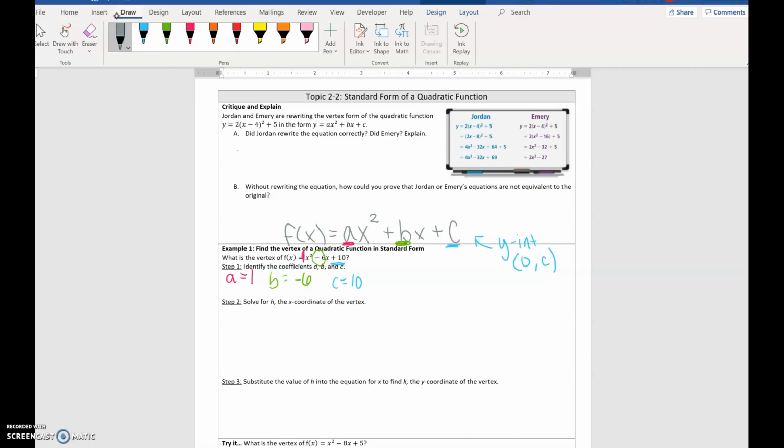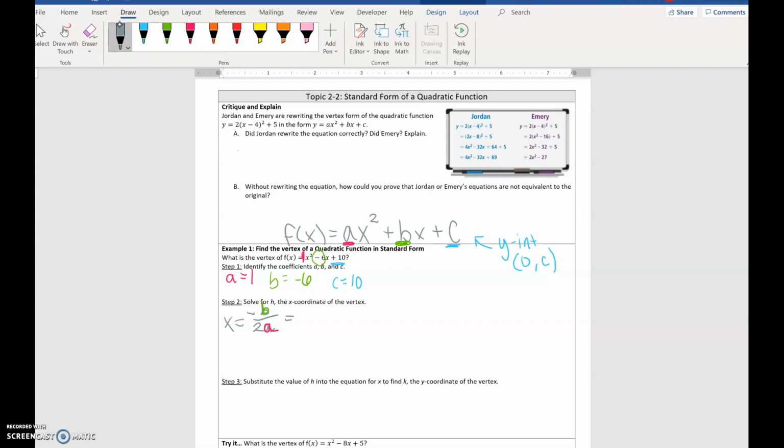And then it says solve for H. Well, we do that by doing x equals -b over 2a. So that's the formula you're going to use to find the x-coordinate of the vertex, so H. So we're going to be plugging in B right here, and then we're going to be plugging in A right here.